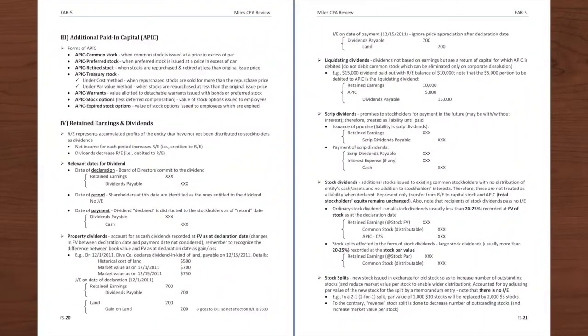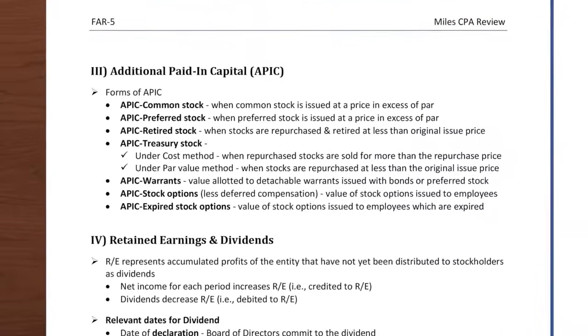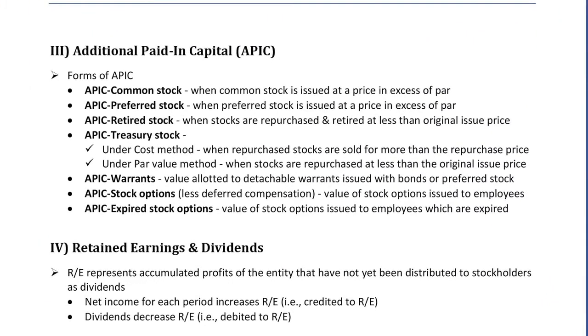On page 20, we got APIC or additional paid-in capital. Now, there are a lot of forms of APIC. It could be APIC common stock, preferred stock, or retired stock. We'll also talk about APIC treasury stock, APIC warrants, APIC stock options. So let's make a little note here. Stock options, that's generally issued to employees.